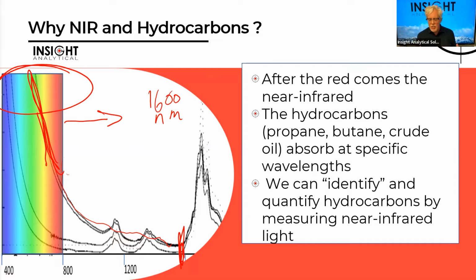The shape of those absorption bands allows us to identify which hydrocarbons are there. And the magnitude of those absorption bands, how big they are, lets us determine the quantity of the hydrocarbons. So we can use near-infrared spectroscopy to do a real-time analysis of what hydrocarbons are there and what concentrations are there.